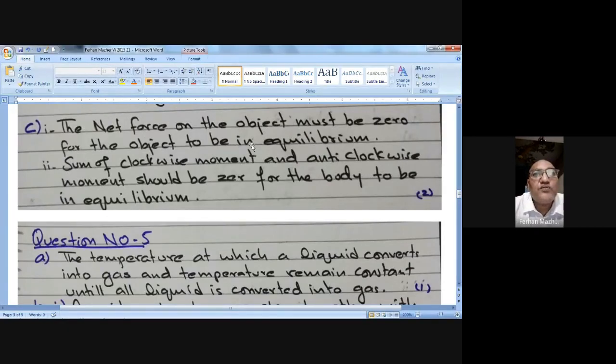The second condition is that the sum of clockwise moments and anti-clockwise moments should be zero for the body to be in equilibrium. I hope you understand, and you will also remember this.